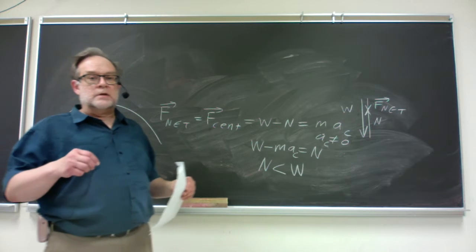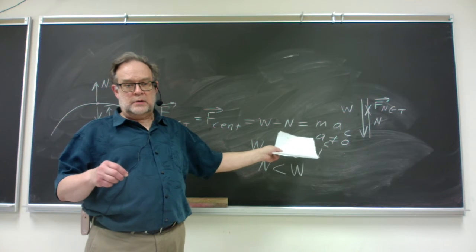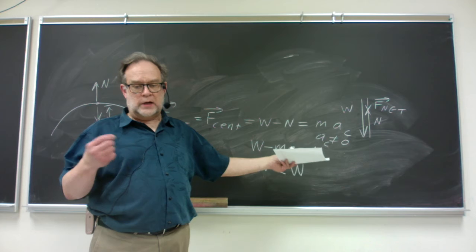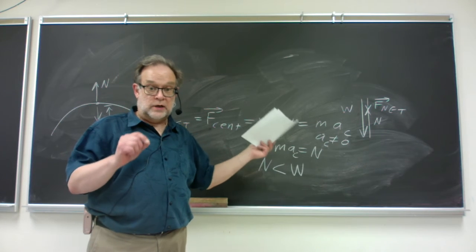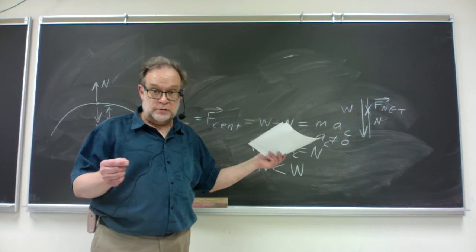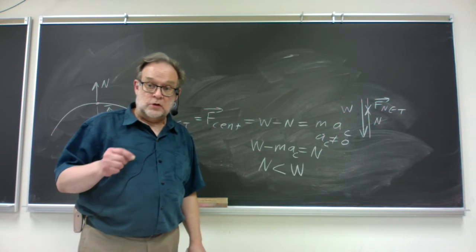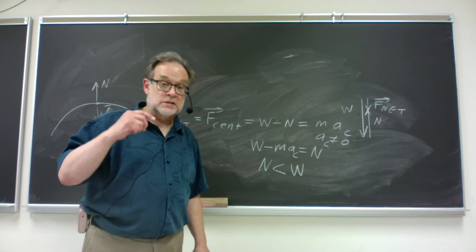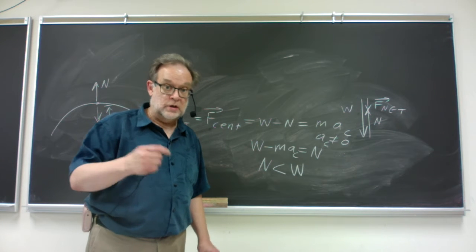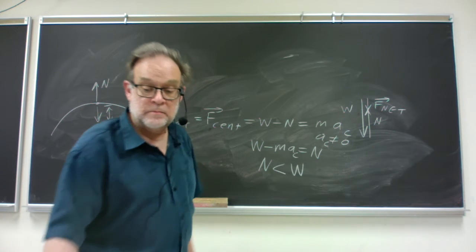So the centripetal acceleration measures how fast velocity is changing, but in this case the only velocity change is change in direction. So in this case, the centripetal acceleration measures how fast direction of velocity is changing.